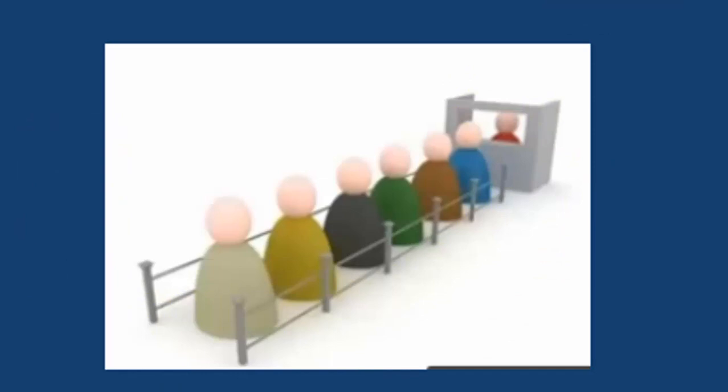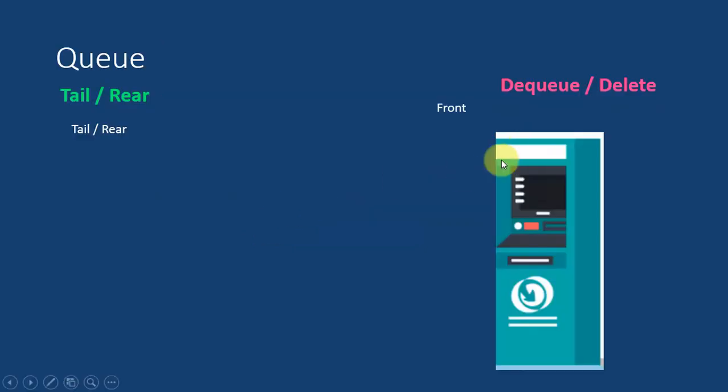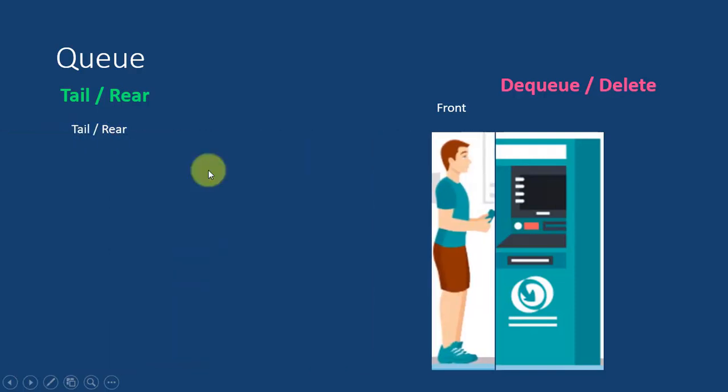Now let us understand the queue using an animation. This end will be called the front end and this will be called the rear end or tail end. The first element comes, so this is called enqueue, and the first element stands in front.